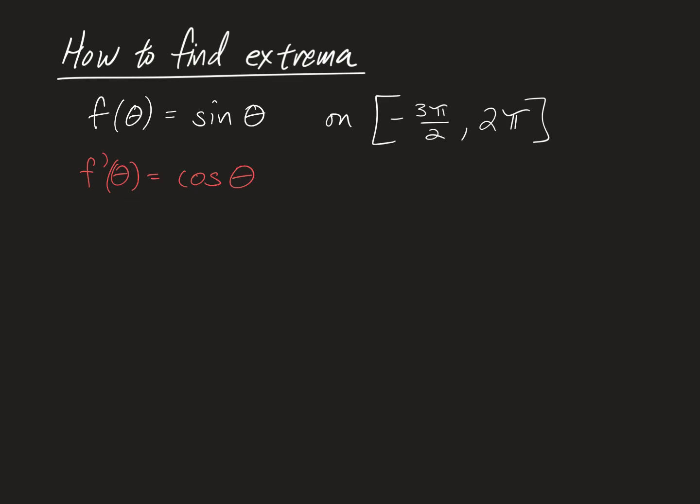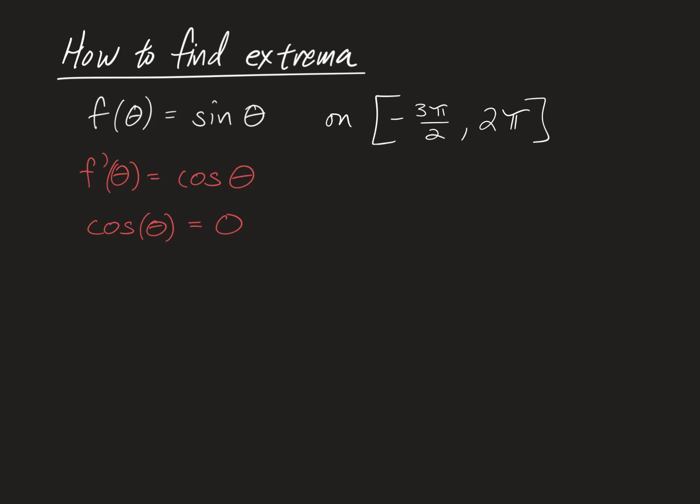And this is where solving trig functions comes into play. So we have to take the derivative, cosine of theta equals 0, and we have to list out all of the places where cosine of theta equals 0, but we're only wanting to focus within this interval.